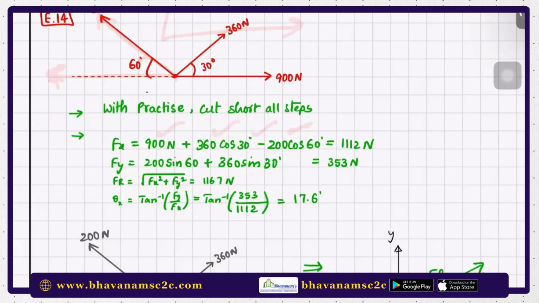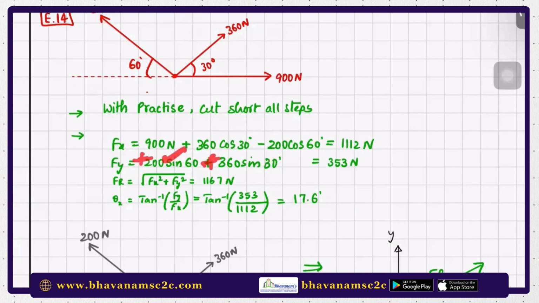So simply I got the Fx. Now coming to the Fy direction, because of this one there is no component, so it is 0 plus, because of this vector, it will be 360 sin 30, and because of this, its component will be here, so it will be 200 sin 60.